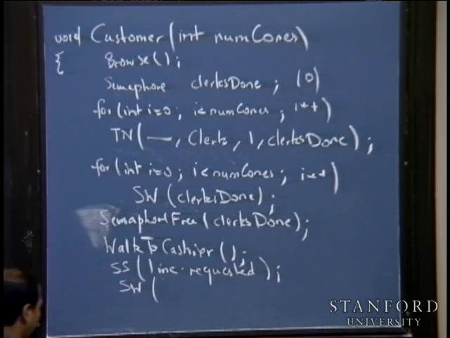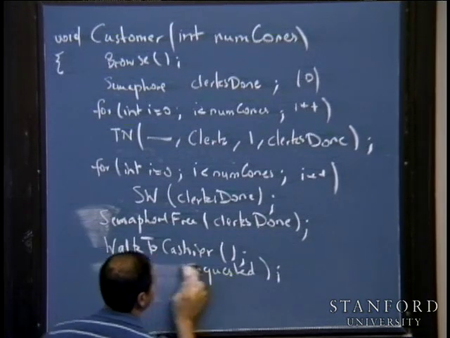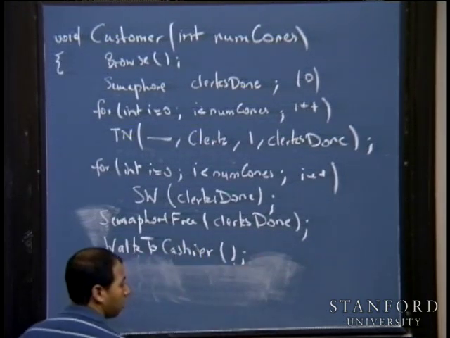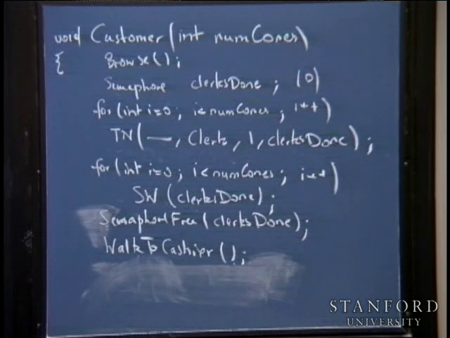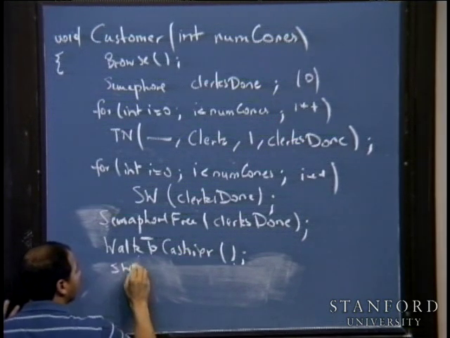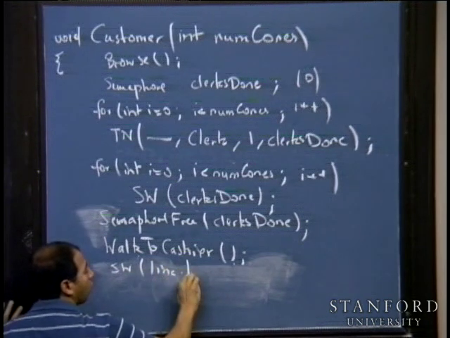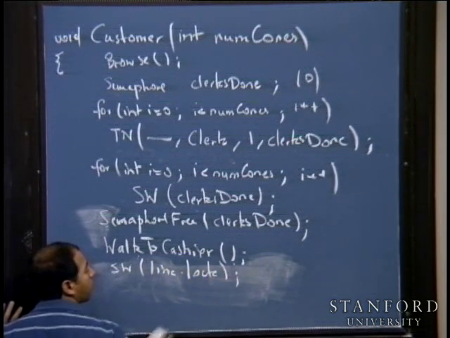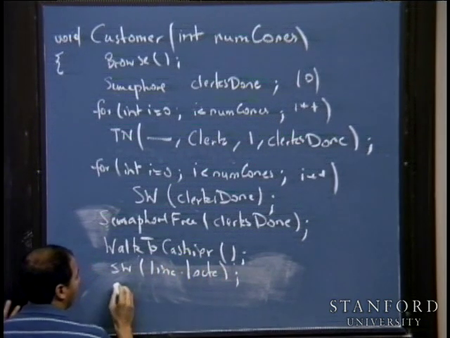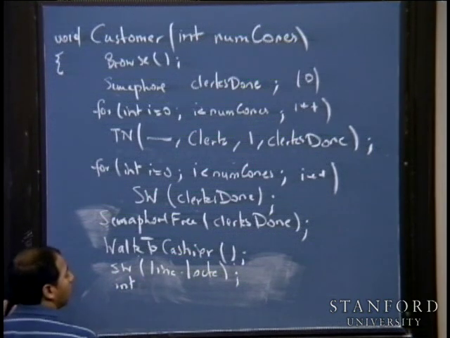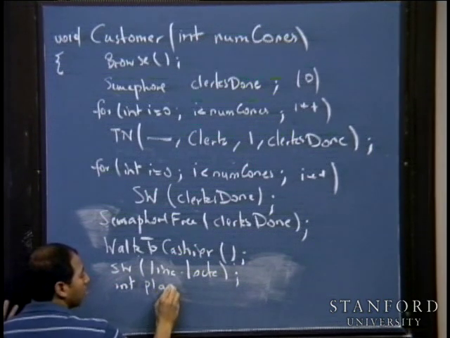So before you request, you want to get a number, but before you get a number, you have to lock, right? Because you don't want anybody else to be getting a number at the same time. So we want a semaphore wait on line.lock. You want to get the number, so basically an int, let's call it your place.